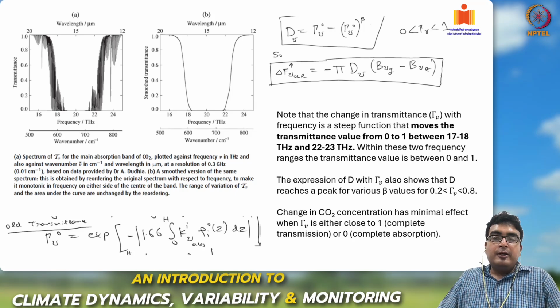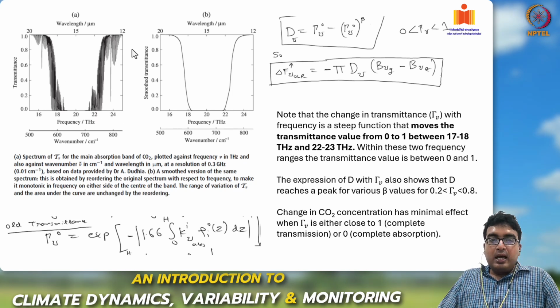Remember, frequency is c by lambda, where lambda is the wavelength, and wave number is just the inverse of wavelength. On either side, transmittance is seen to increase from 0 back to 1 between 18 terahertz and 16 terahertz. Similarly, transmittance increases back from 0 to 1 from around 22 terahertz to around 24 terahertz.